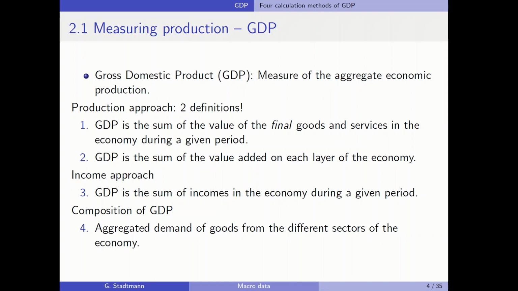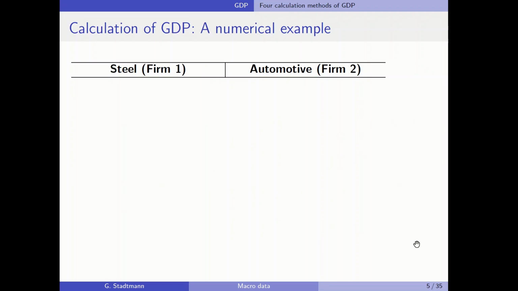When you look at these 4 definitions, it's very hard to find out what are the differences, what are the similarities between the different concepts. So it really makes sense to come up with a numerical example. And that's what we do right now. We have a look at one economy, and in this economy there are only 2 firms.